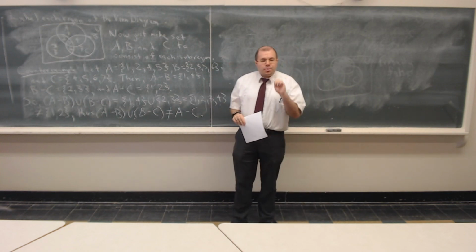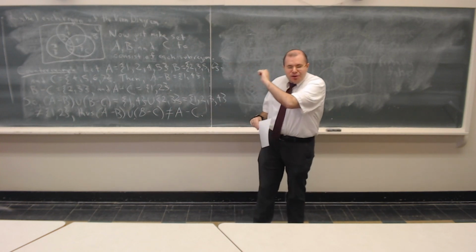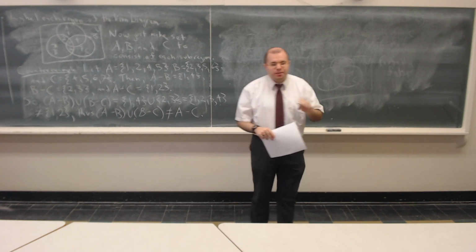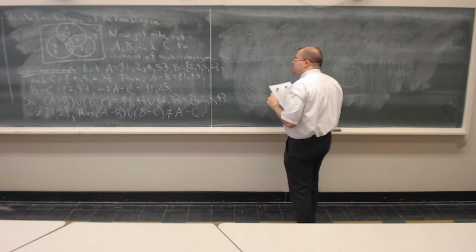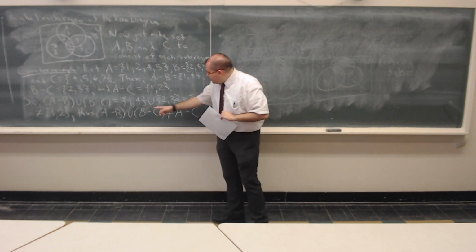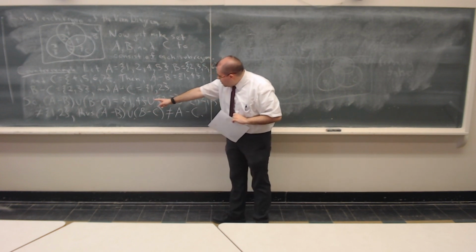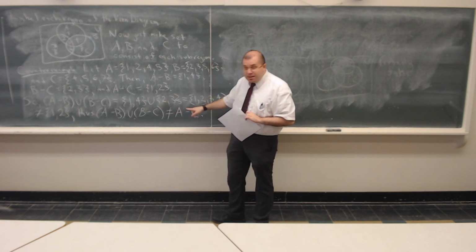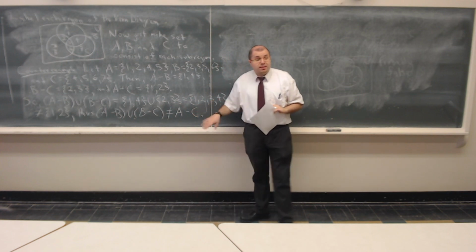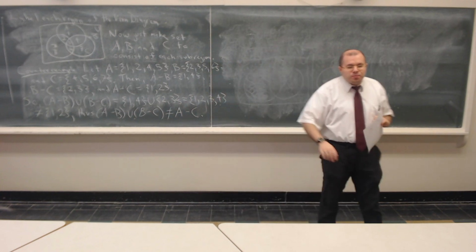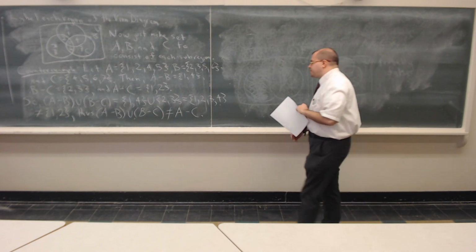Okay, so instead of creating this, I could have actually just been a little bit more crafty. Remember, I want to show that A minus B union B minus C is not equal to A minus C, because I know that for certain it's false. But it means I can do better.